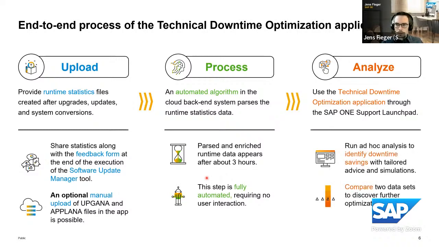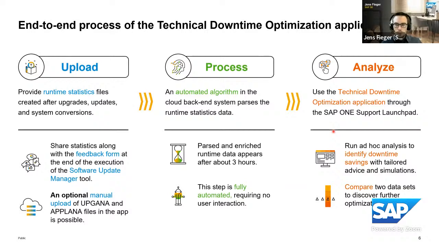Very last here. Once the data is there, you can start analyzing it. You can run ad hoc analyses and identify where the big block is that causes a lengthy downtime, or whether you are already happy with the downtime, and how it is distributed across the overall system maintenance event. If you have more than one cycle done, you can also compare these two runs.